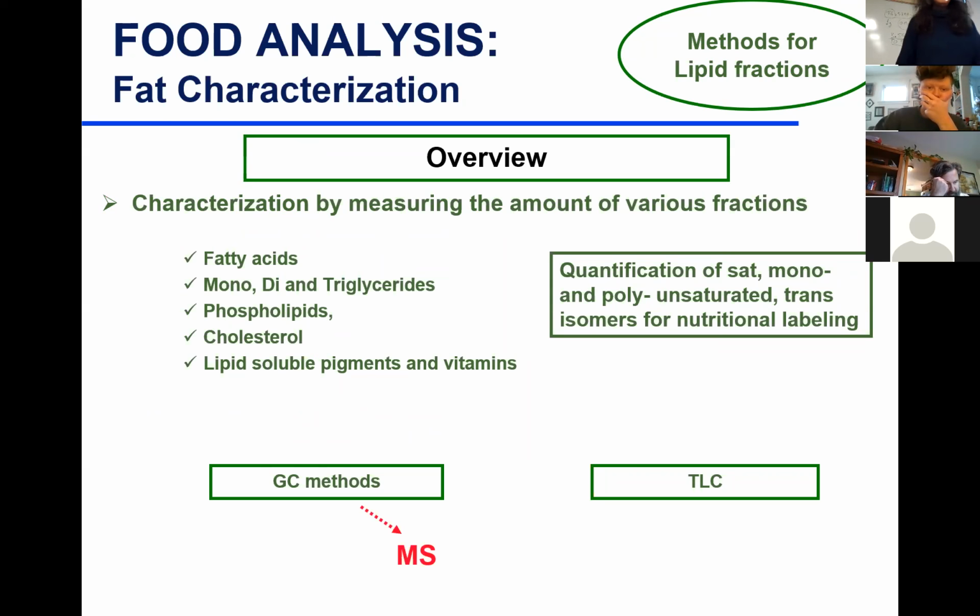A lot of the methods rely on GC methods, like we did for fatty acid composition. Also for cholesterol, you rely on a GC method; you just have to derivatize cholesterol. And TLC, thin layer chromatography, is done to monitor qualitatively the presence of these different components.